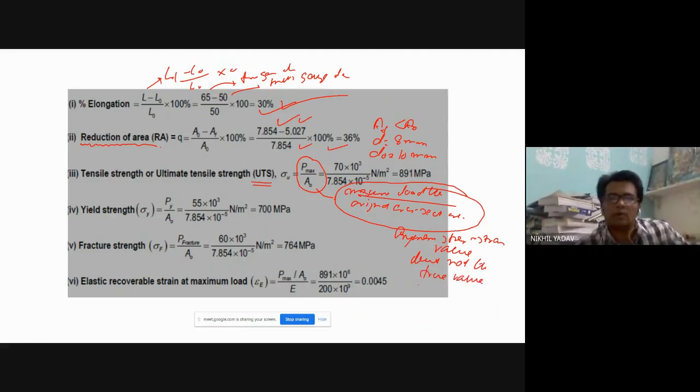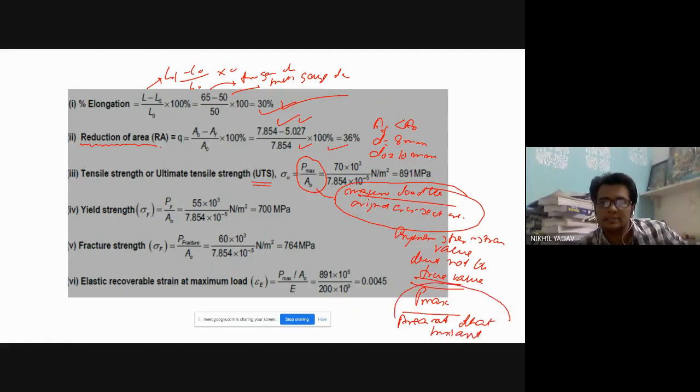Because the true value would be maximum load to the area at that instant. This will be true stress. But we always find the value for the engineering stress strain curve rather than the true stress strain curve.